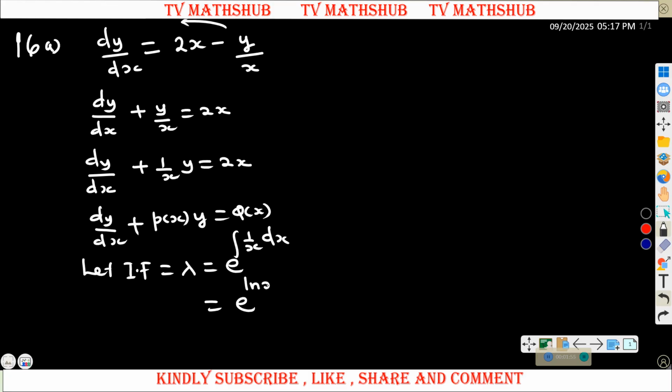Whenever we integrate 1/x, we get ln x. So this will give us x.